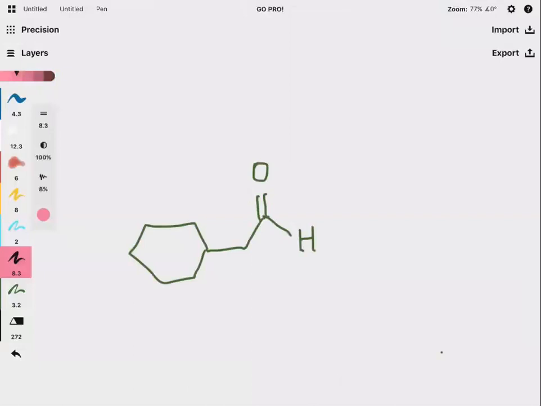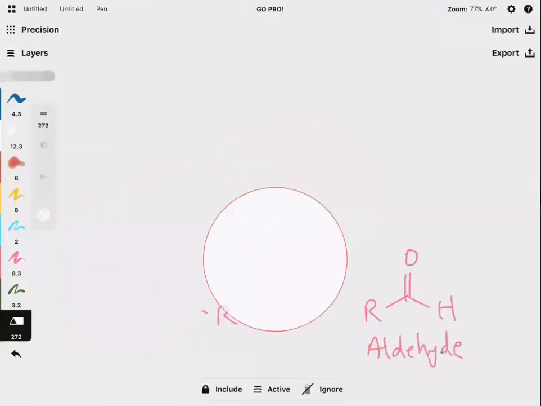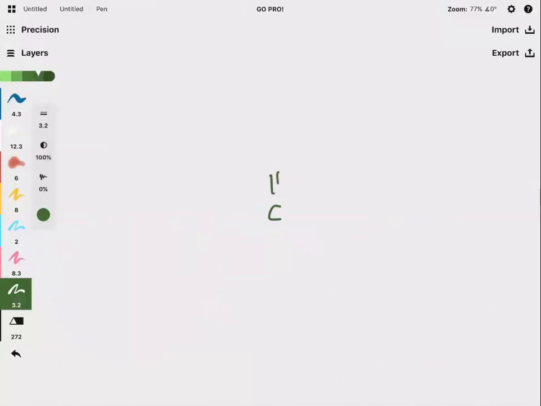All of this is just an R. So this structure is an R carbonyl H, which is an aldehyde. So hopefully you said that this is an ester.